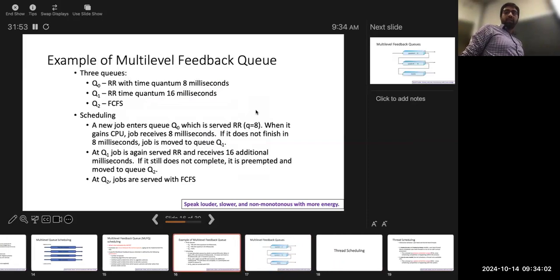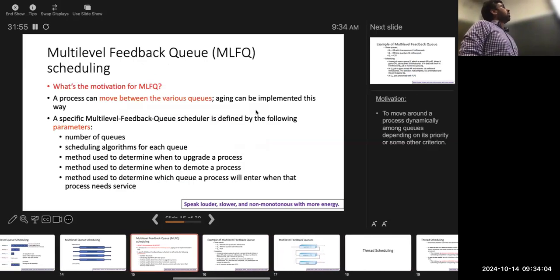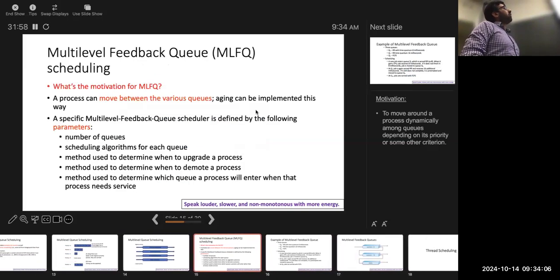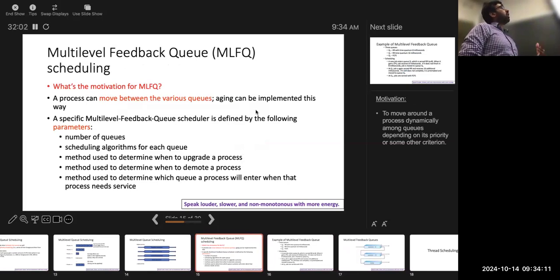So here is a more complete picture. A specific multi-level feedback queue scheduler is defined by the following parameters. How many queues you have? In that example, we had 3. Scheduling algorithm for each queue. For the first queues, we had time slicing using different quantum values. And for the last queue, we had FCFS.